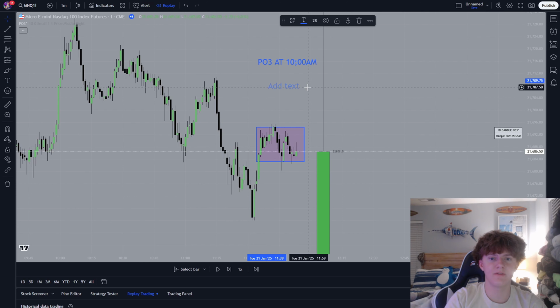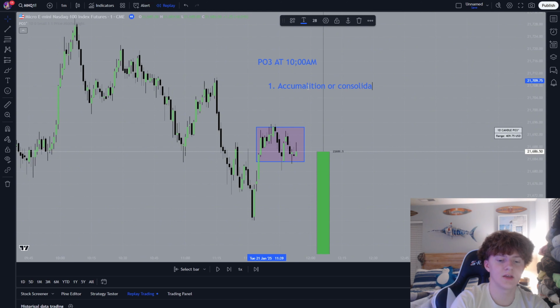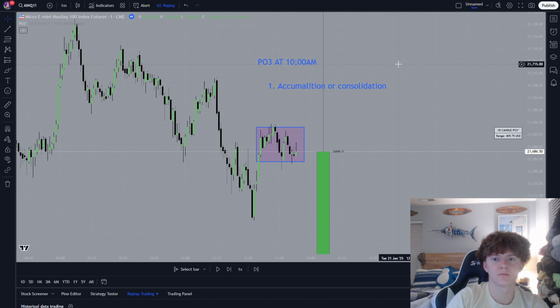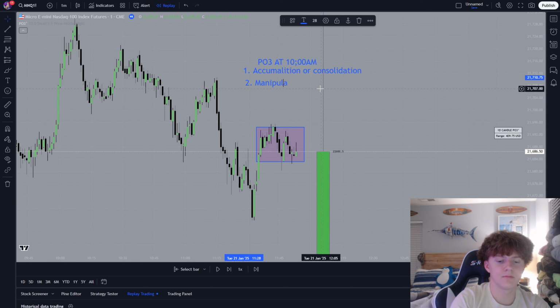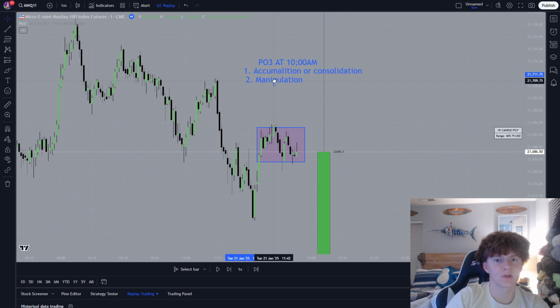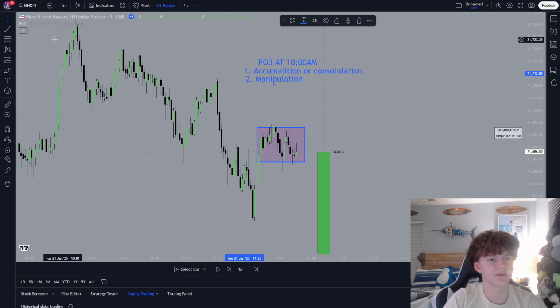The PO3 phase is going to be our accumulation or consolidation. These are going to be our two names that we have for this. Second step is going to be our manipulation. All right, and I'm about to explain this for you in a little bit.